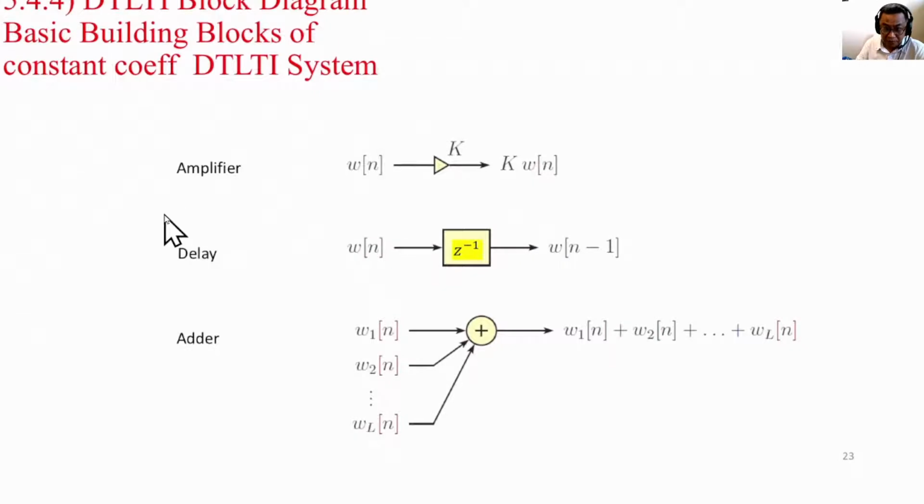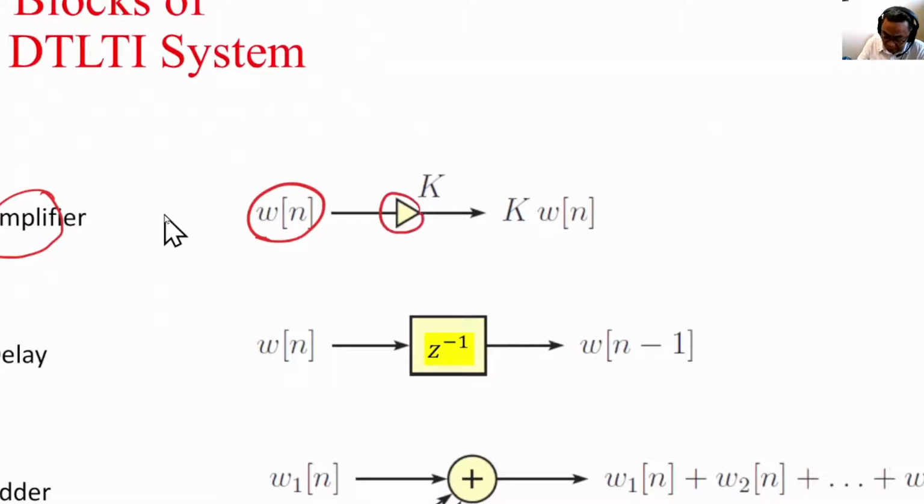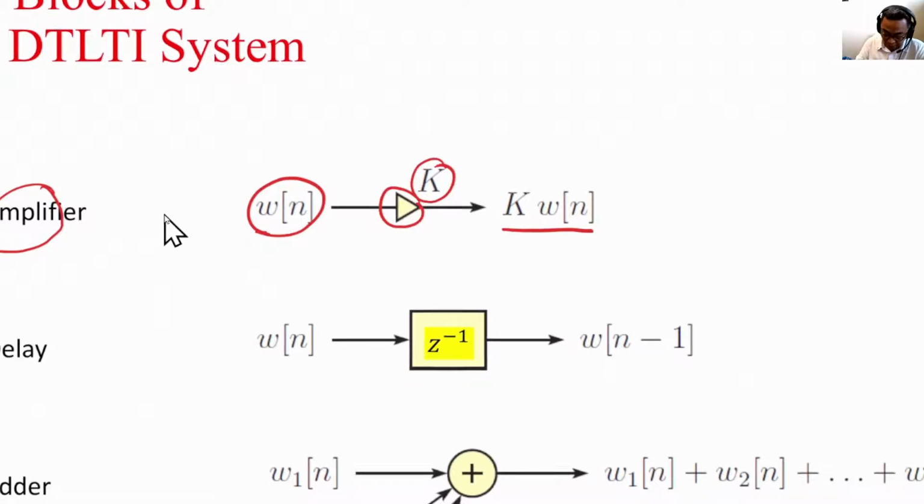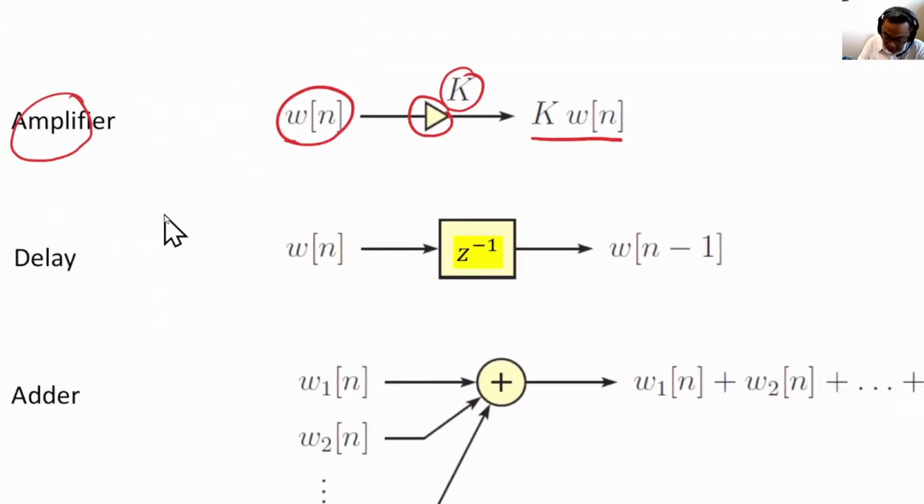Now, what are the block diagrams that we are interested in? It's only 3 of them. When W is being amplified, we typically use a triangle and a value k here, and the output is k times W of n. So it is an amplifier. When we want to delay a signal, we use z minus 1.